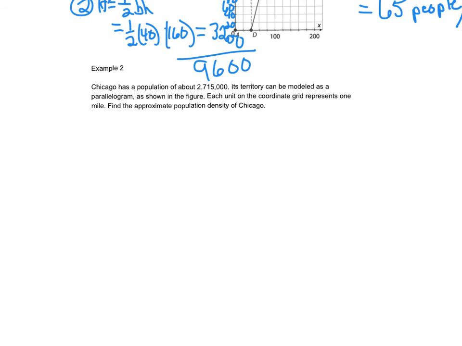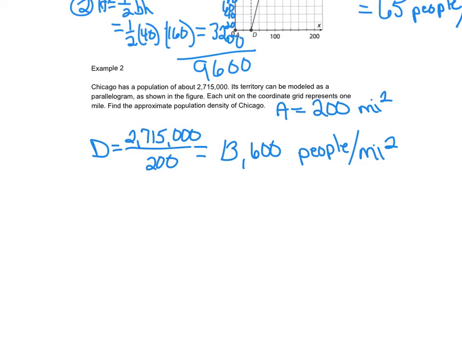Okay, well, let's forget it. Let me tell you that the area of Chicago is 200 square miles. So now see if you can do this problem and then turn me back on and see if you did it right.